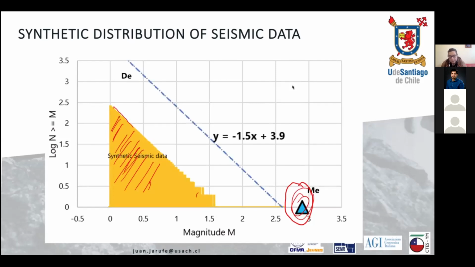And I can calculate the b value from that distribution. The important thing here is that now that I have this Gutenberg-Richter relationship, I can use the equations I showed you before to generate this distribution of maximum magnitudes.